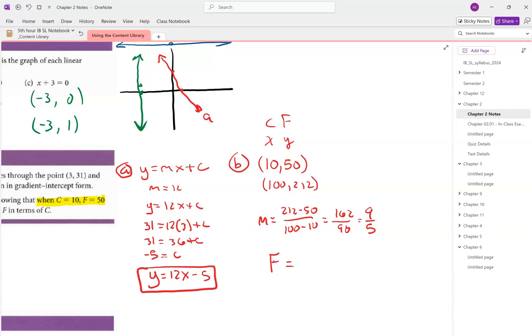Except we'll call it F equals MC plus little c. Everybody's good so far? So again, how do I find that little c? Plug in a point. Which point do I use? Does it matter? No. Which one should I pick? Which one seems easier to deal with? The one with the smaller numbers, please. And thank you.